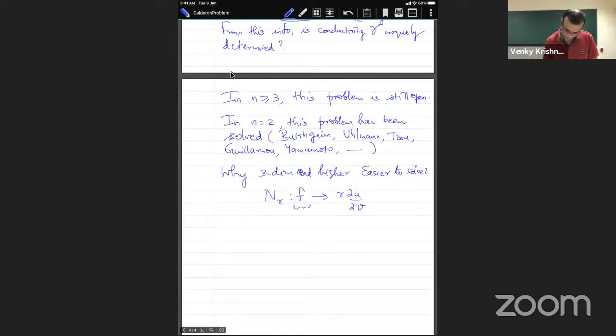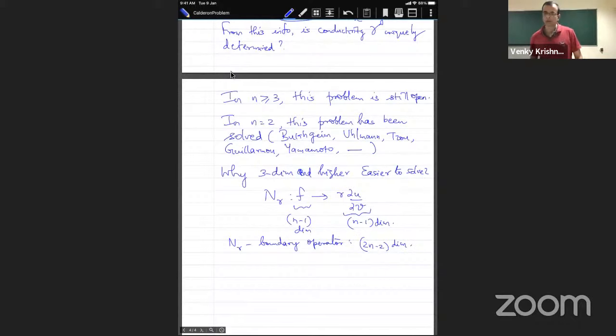Now this is a function in n minus 1 dimensions, because it's only a function on the boundary. So the so-called data that you have, that is this boundary operator N_gamma, if you want to think of it as the Schwartz kernel of the boundary operator which takes f going to gamma du d nu, depends on 2n minus 2 dimensions.